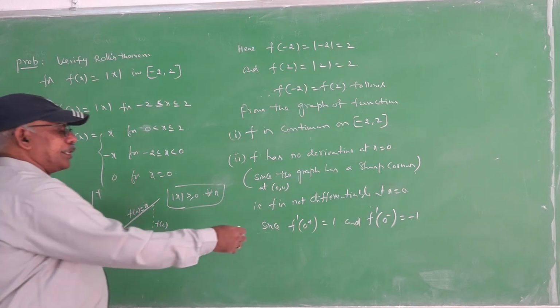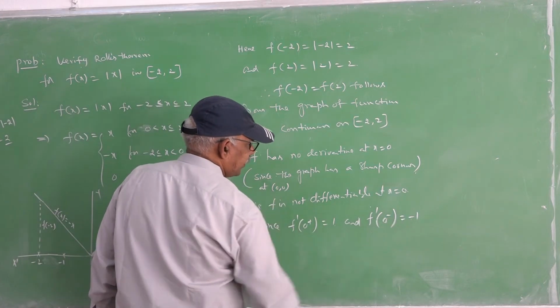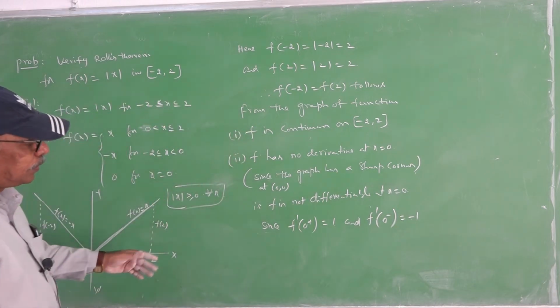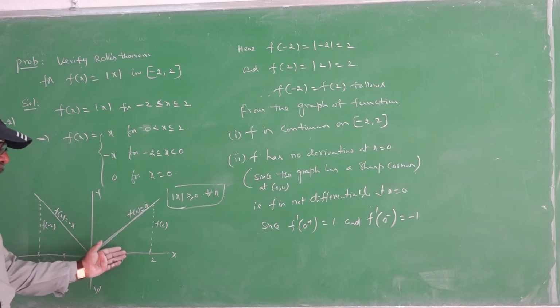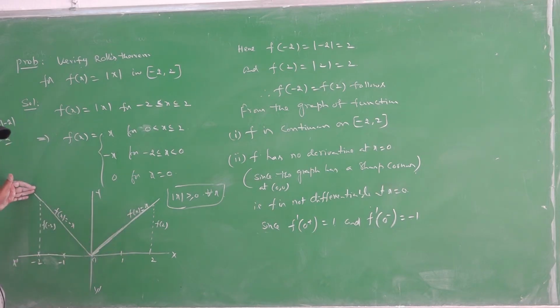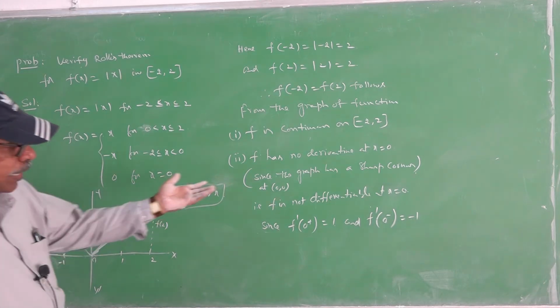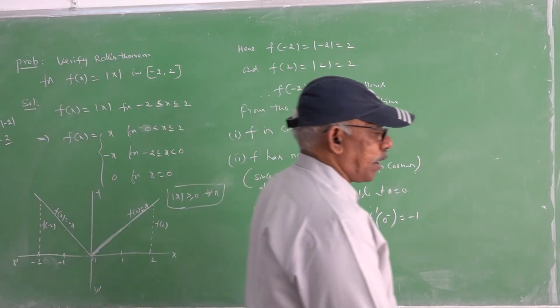The right derivative here is clearly 1. The left derivative of the function is minus 1, because the derivative gives the slope. The slope of this line is 1 for positive values of x. The slope of this line for negative values of x is minus 1. So the slopes are not equal. Hence, the right derivative is different from the left derivative.